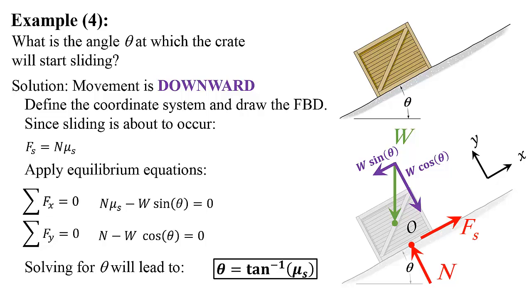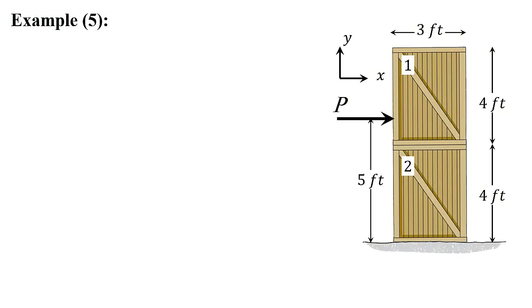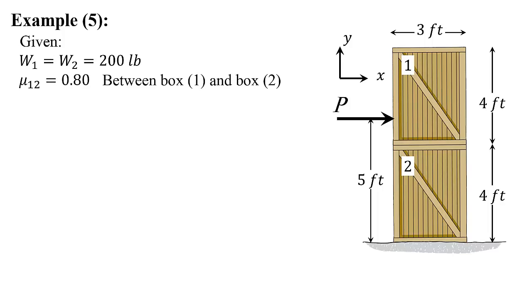Alright, now for a more challenging example. It's going to be our final example for this presentation. I'm given two boxes on top of each other as shown in the figure with these dimensions. These two boxes are identical. Alright, what am I given here? I'm given that W1 equals W2 equals 200 pounds, meaning box 1 and box 2 are both exactly 200 pounds.